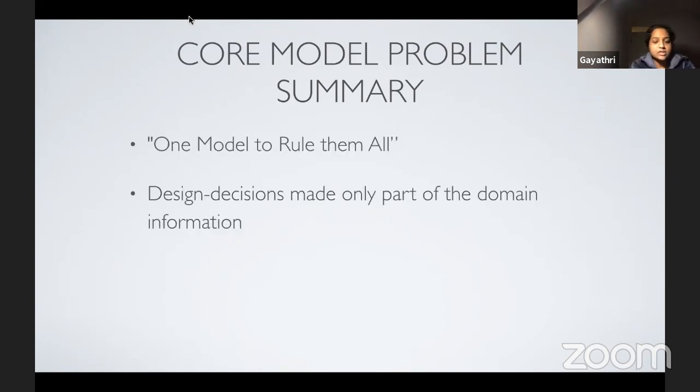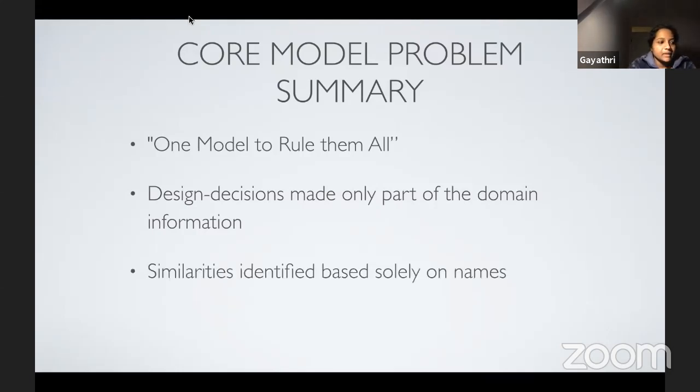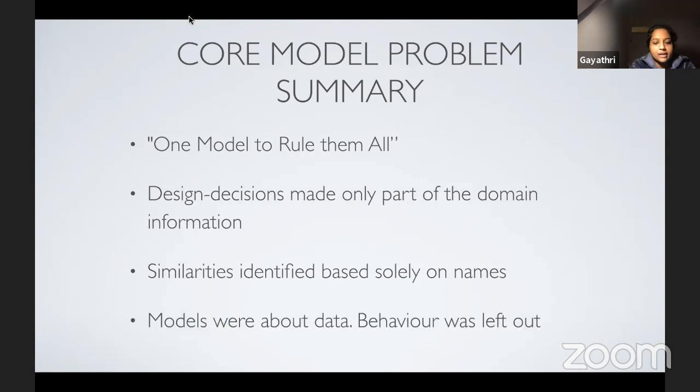Next, design decisions were made with only part of the domain information, and more importantly, trade-offs were made based on that as well. Similarities were identified based on names and attributes, and even sometimes just values of these attributes. And last, models were only about data. Behavior was forgotten and left out.